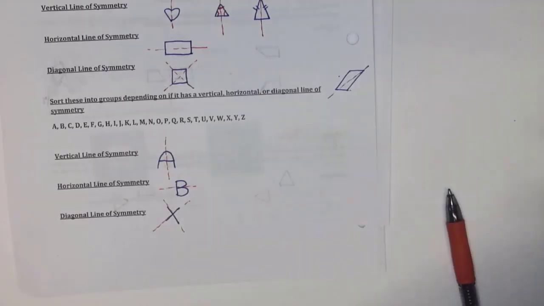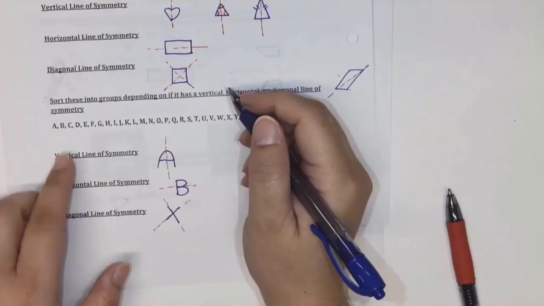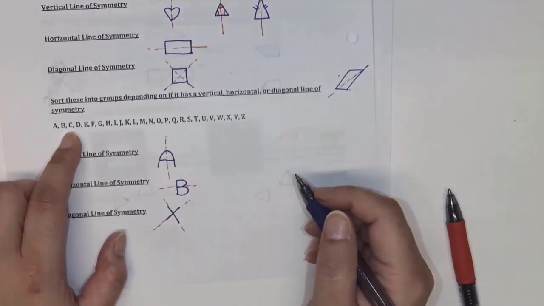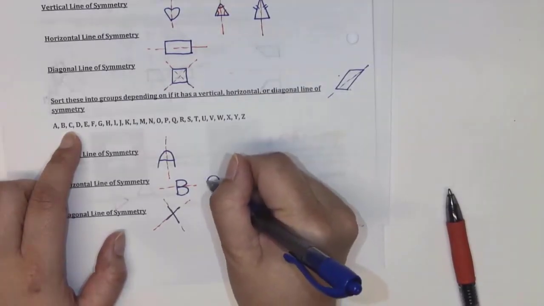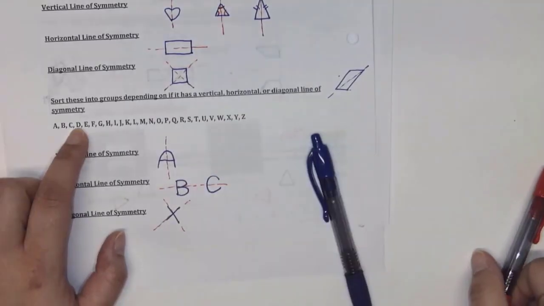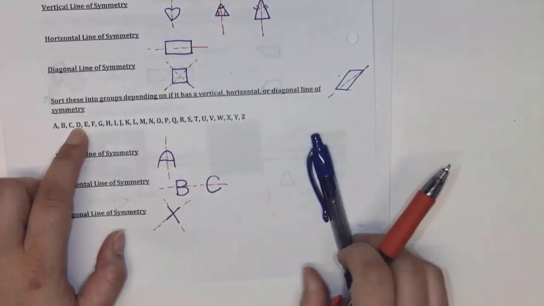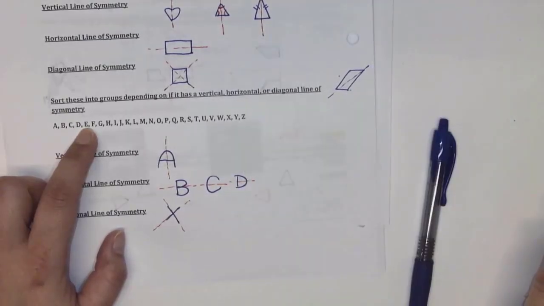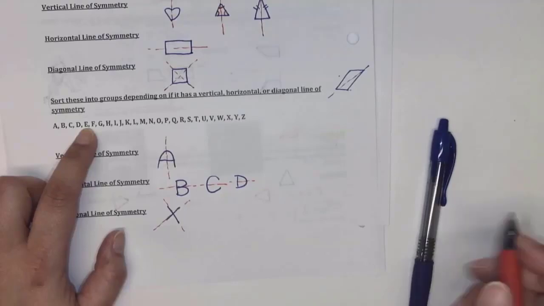Okay, can you give me 2 more vertical? How about C? What is C? We could make it horizontal if we draw it carefully. D? We could make it horizontal. Okay, good job so far. E? Horizontal again.